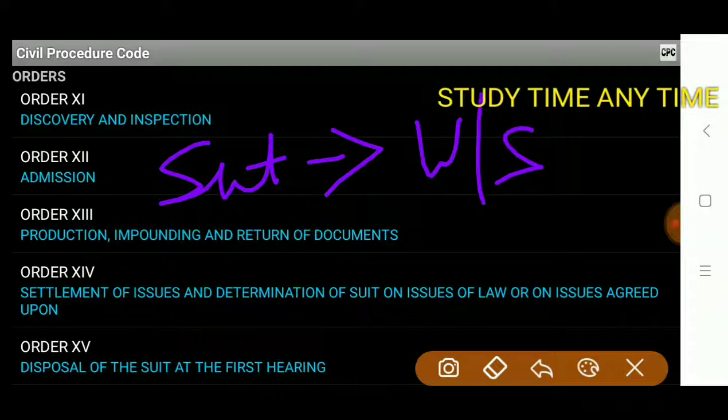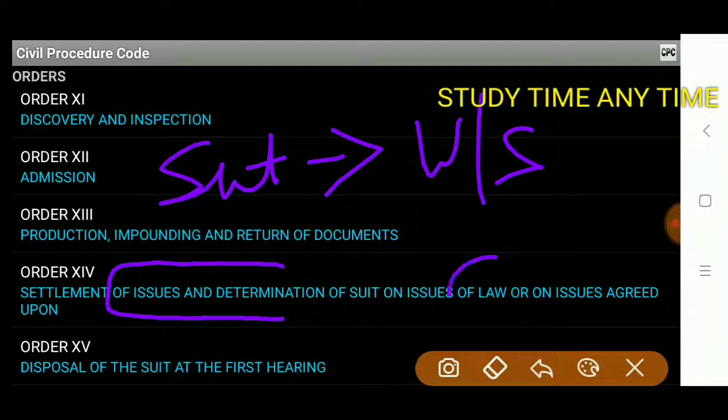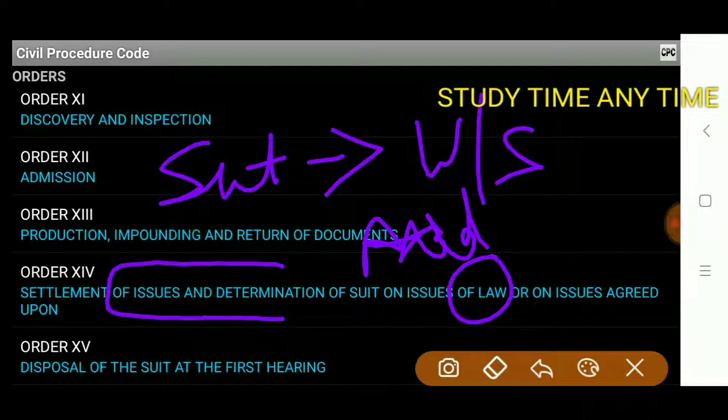Now the court will see what are the facts in issue, what are the issues of law, what are the issues on fact, and one can also add any issue by filing an application to determine the same by praying to the court that this issue may also be decided by the honorable court.